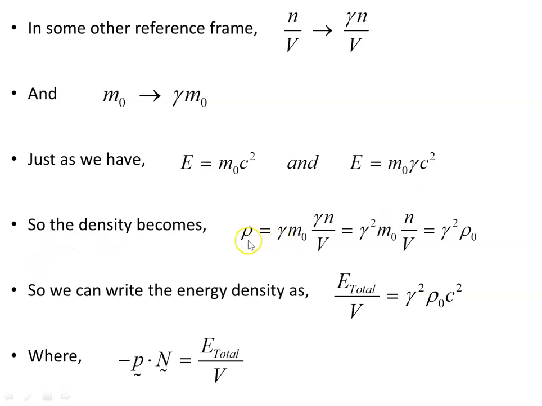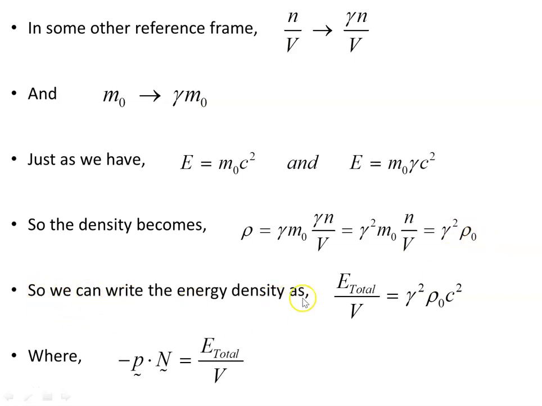So the density becomes rho for the observer in S watching the particles go by. The density will be gamma m0 times gamma n on v, which is gamma squared m0 n on v, which is gamma squared rho 0. Right? In the rest frame, there's no gamma squared for the density, but in some other frame moving with constant velocity with respect to the first, the observer in the first frame, S, will come up with a density rho, which is gamma squared times the rest frame density.